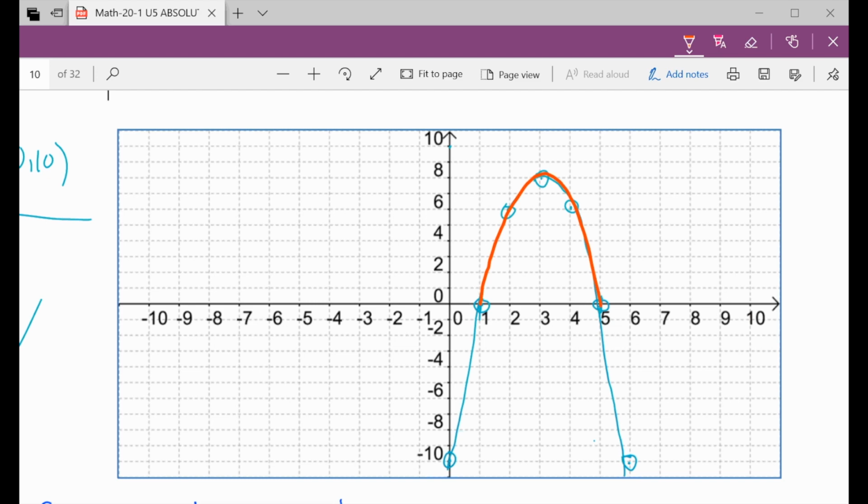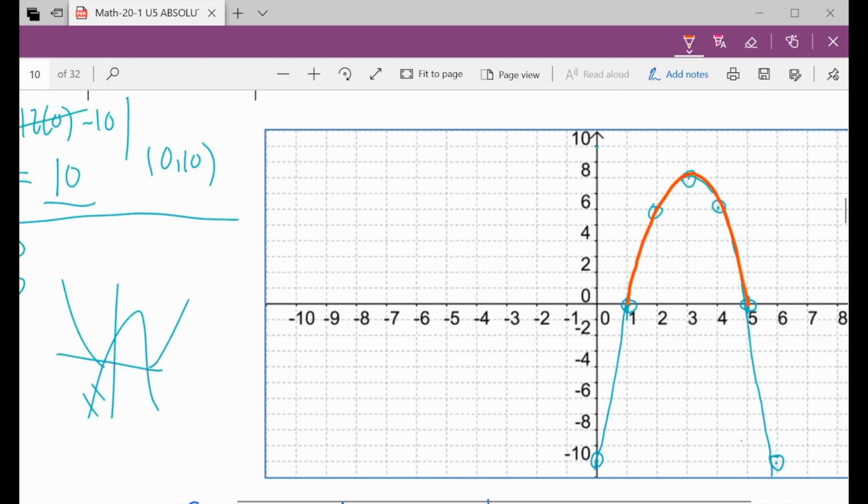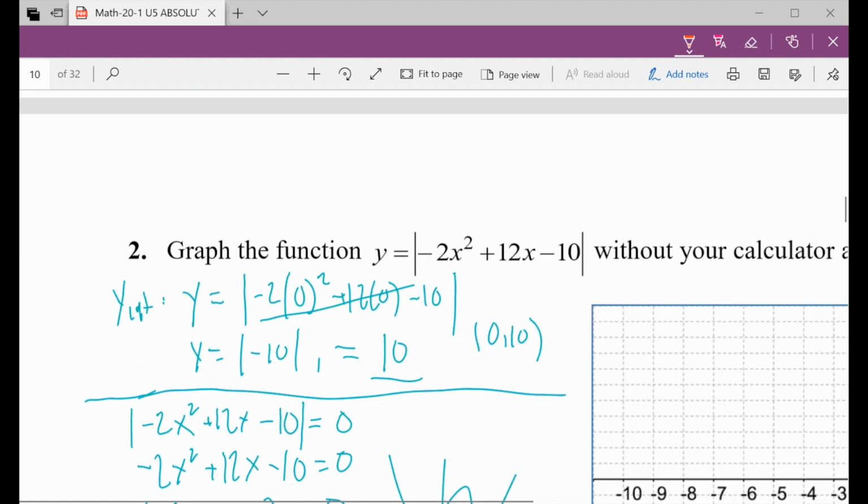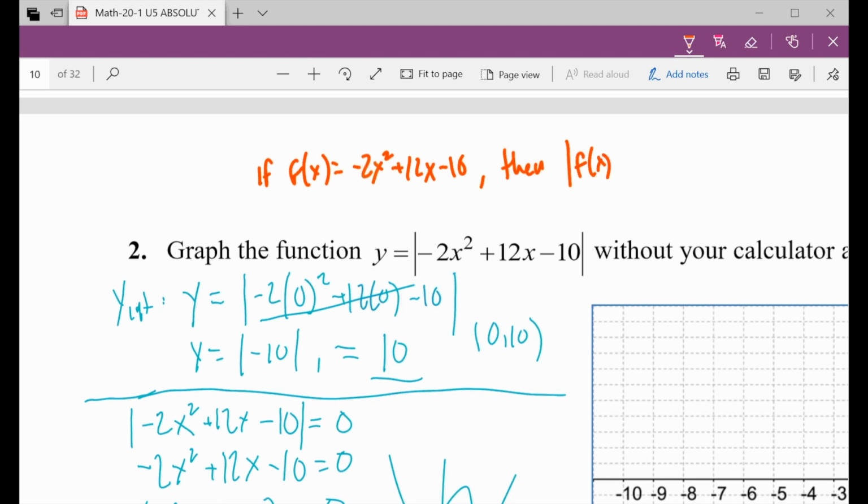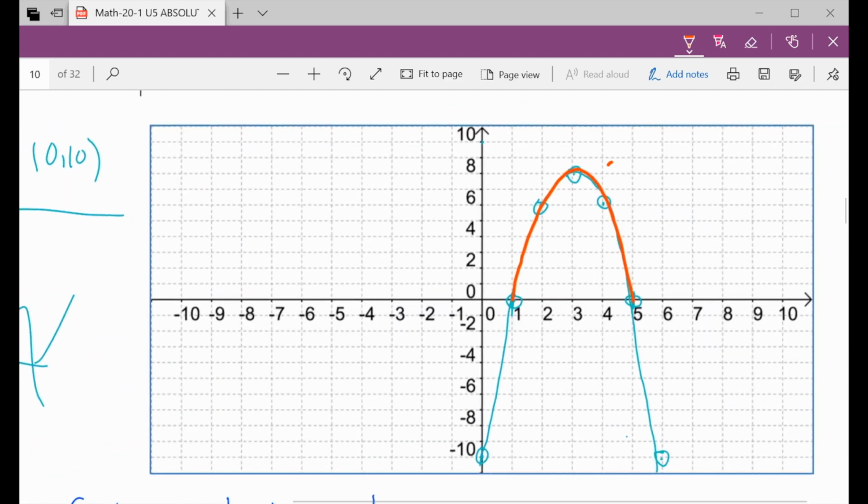So if f of x equals negative 2x squared plus 12x minus 10, then the absolute value of f of x, we're just going to call it g of x. So this is g of x, which happens to be the absolute value of f of x.